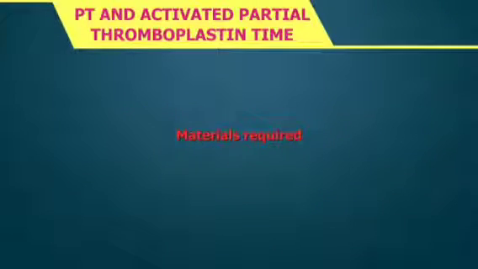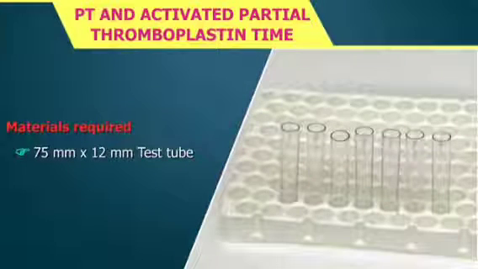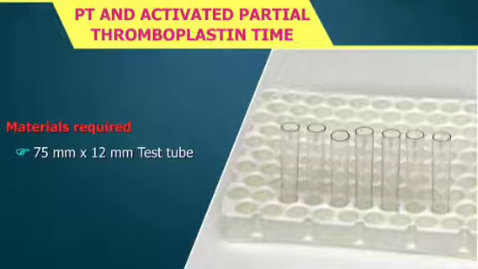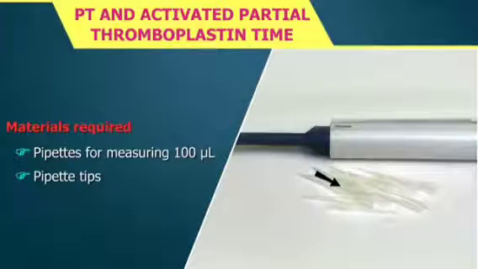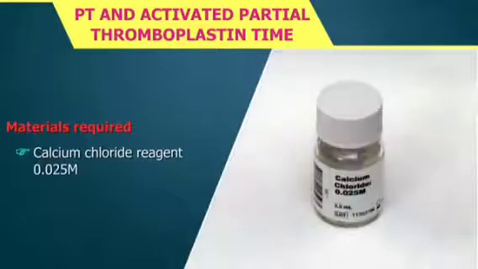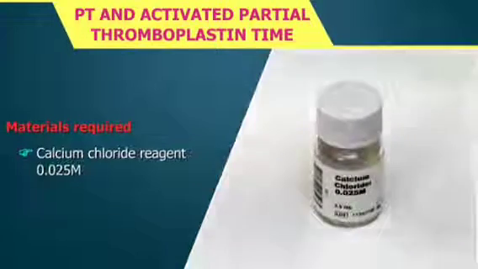The materials required: 1. 12 by 75 test tube. 2. Pipettes, 100 microliters. 3. Pipette tips. 4. Calcium chloride reagent, 0.025 M. 5.